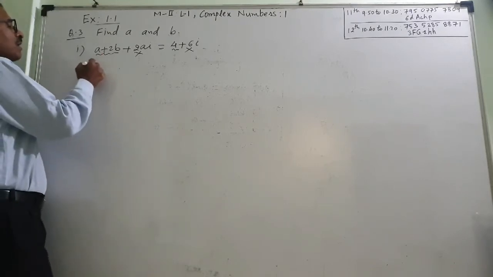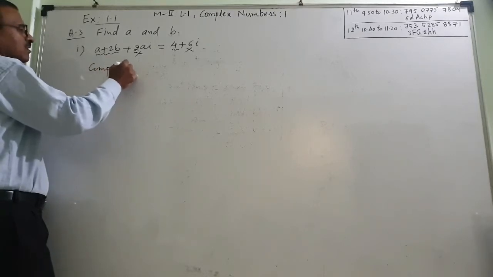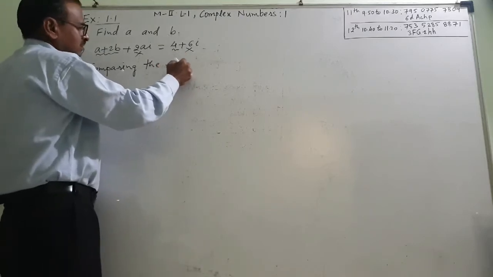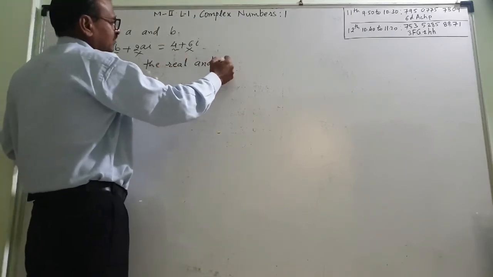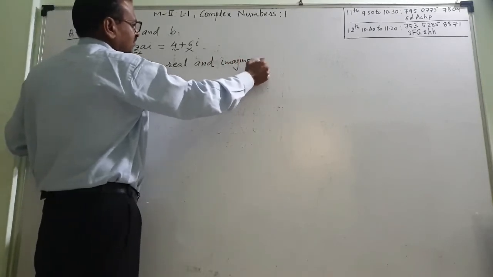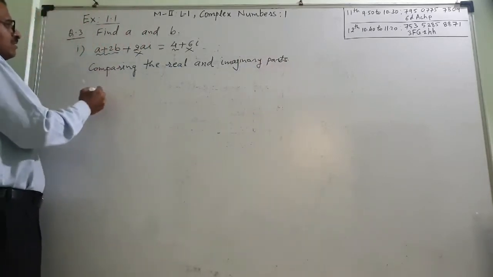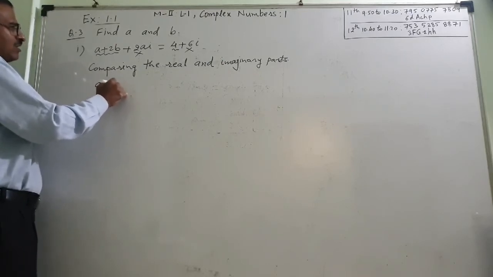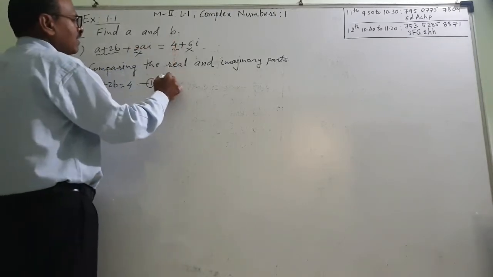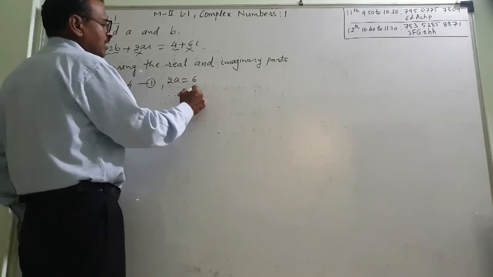Comparing the real and imaginary parts or coefficients: a plus 2b is equal to 4. This is number 1. 2a equal to 6. Therefore, a equal to 3.